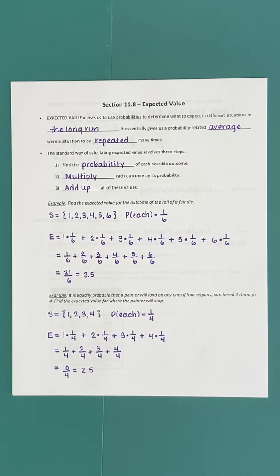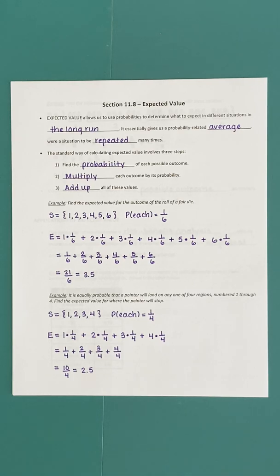Let's put that in the context of the problem and think about what that means. Expected value means long run average. In other words, if you were to repeat this experiment, which is rolling a die, imagine repeating this 1,000,000 times and then logging what happened each time you rolled. If you were to take all the outcomes from all those repeated experiments and then average out the total, maybe you rolled a 1 here, maybe you rolled a 6 here, maybe you rolled a 2, maybe you rolled a 4, each of them is equally likely, but you have different outcomes on each trial.